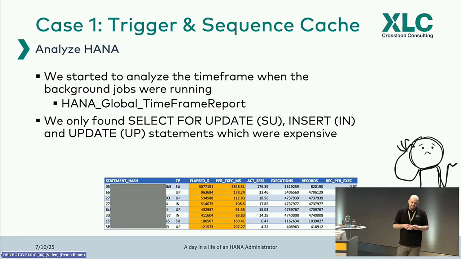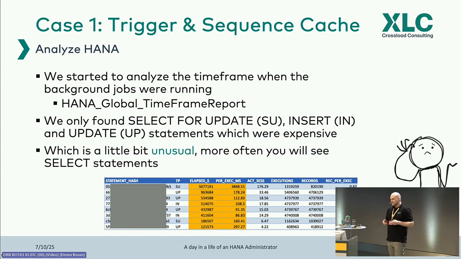And for this specific time frame, we only found SELECT FOR UPDATE, INSERT, or UPDATE statements which were expensive. In this case, statements with more than 10 milliseconds were expensive for us, which is a little bit unusual.